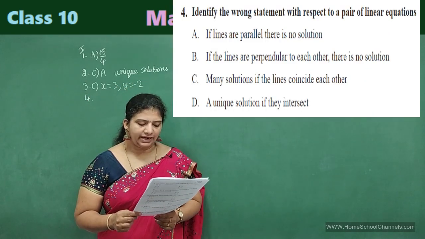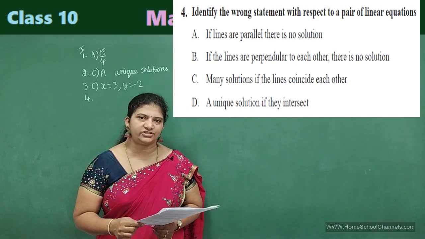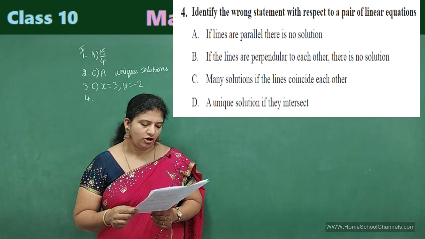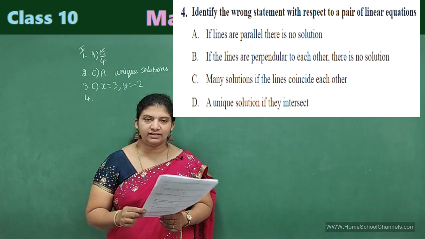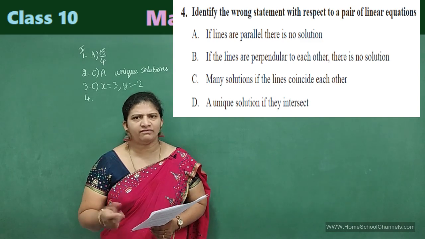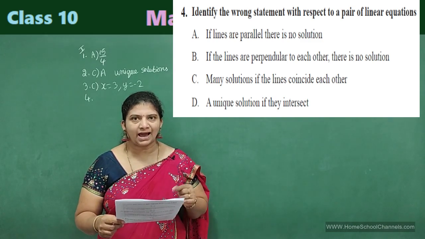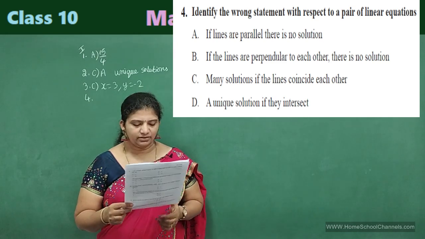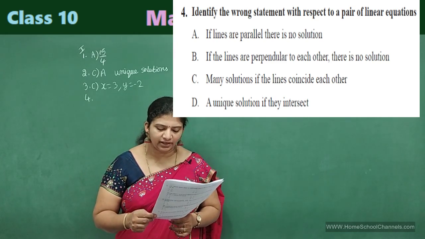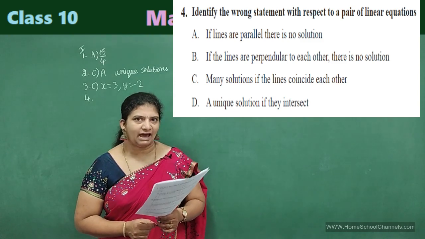Fourth one, identify the wrong statement with respect to a pair of linear equations. Let's see the options. Option A, if lines are parallel, there is no solution. Yes, if lines are parallel, there will be no solution. This is a true statement. But here they asked us for the wrong statement. Option B, if the lines are perpendicular to each other, there is no solution. I think this is the right answer.